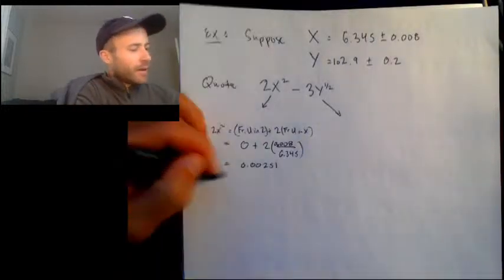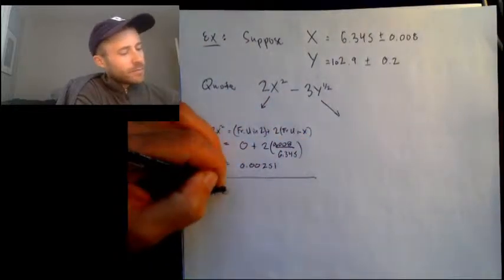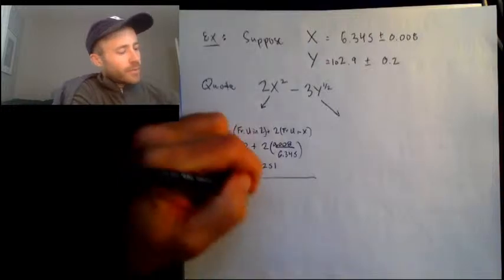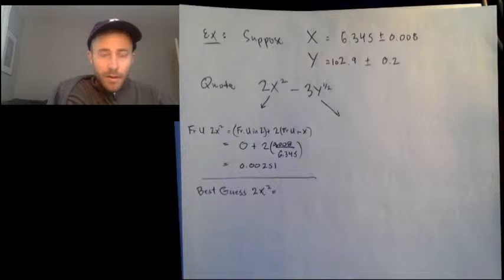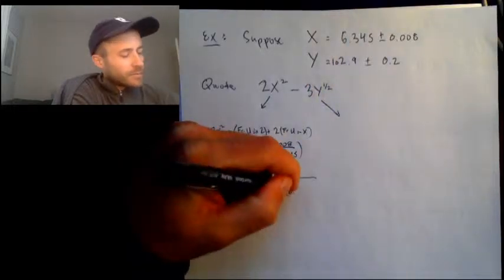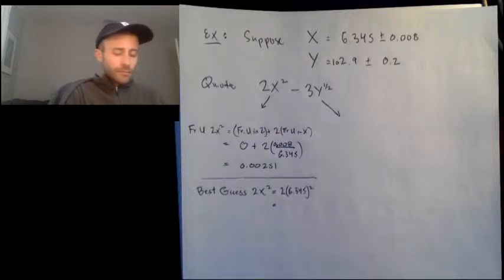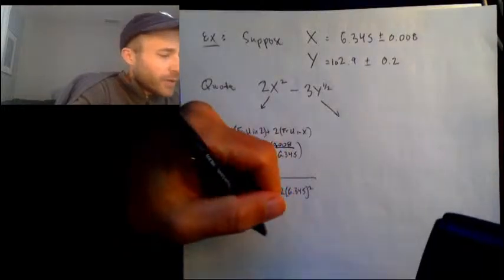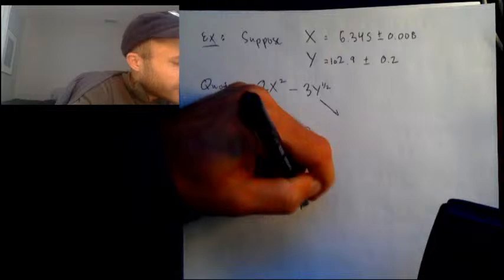So now I get my best guess of 2x squared. My best guess of 2x squared is going to be 2 times 6.345 squared, which is 80.518.